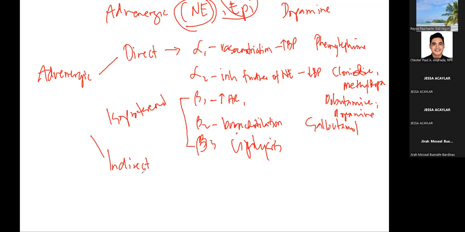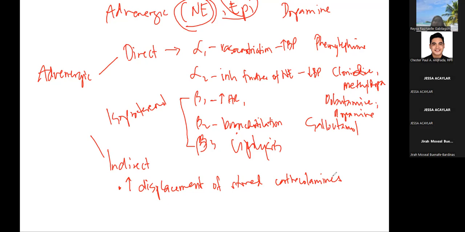Okay? And then we have the indirect acting agonists. Of course, they have nothing to do with the receptors directly. Their mechanism of action is to increase the displacement of the stored catecholamines in the nerve terminal endings. Okay?